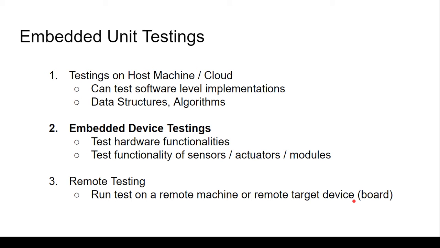That means you can write some tests on your computer and run those tests on the device connected to your friend's computer using remote testing. All three types of embedded unit testing are available with PlatformIO. However, due to limitation of time, I am only describing and demonstrating the second type, embedded device testing. Let's move back into our project.